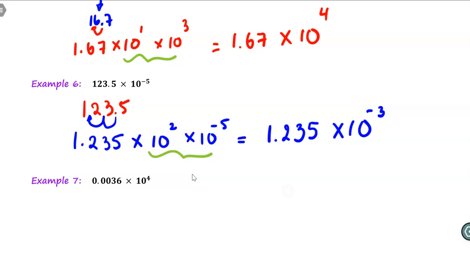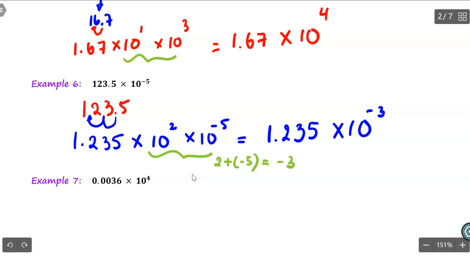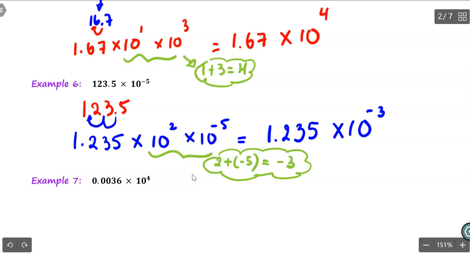So this will be 2 plus negative 5 equal to negative 3. And here I just want to make a note that 1 plus 3 equal to 4. Okay, just to make sure that everyone knows where the 4 and the negative 3 are coming from.